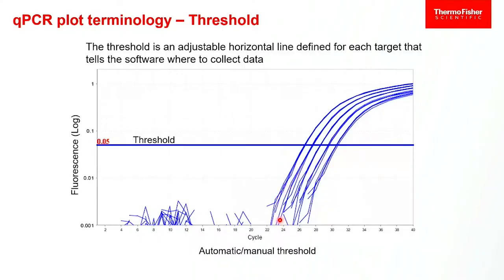It's not real consistent. That's not great data. But we get really consistent here in that flat region, again, on the log scale. And you want to keep it in the region where this is flat. Once it starts to curve over, you're out of the exponential phase and you don't want to quantify there. So we can draw a line at the top about here and the bottom about here.